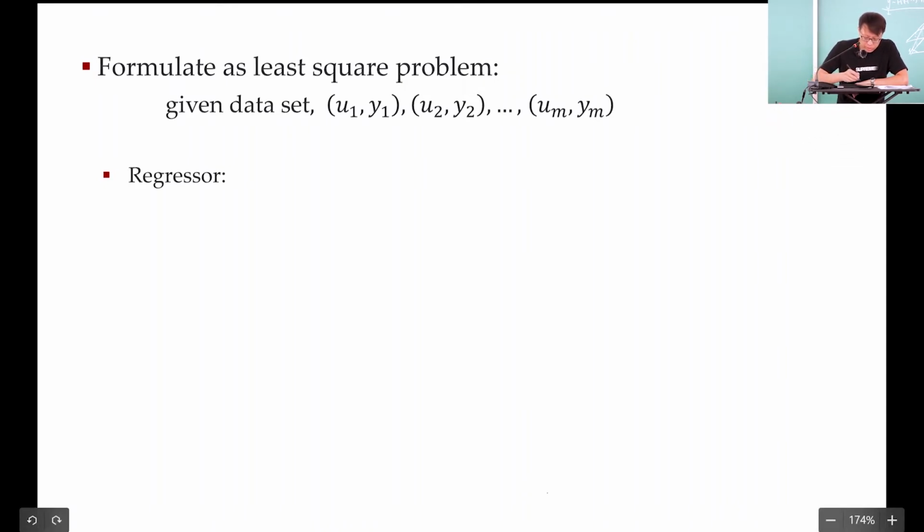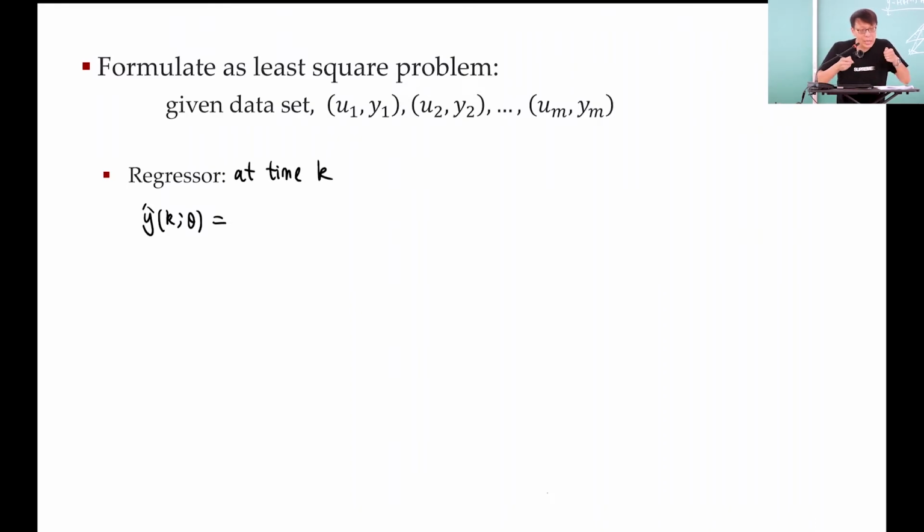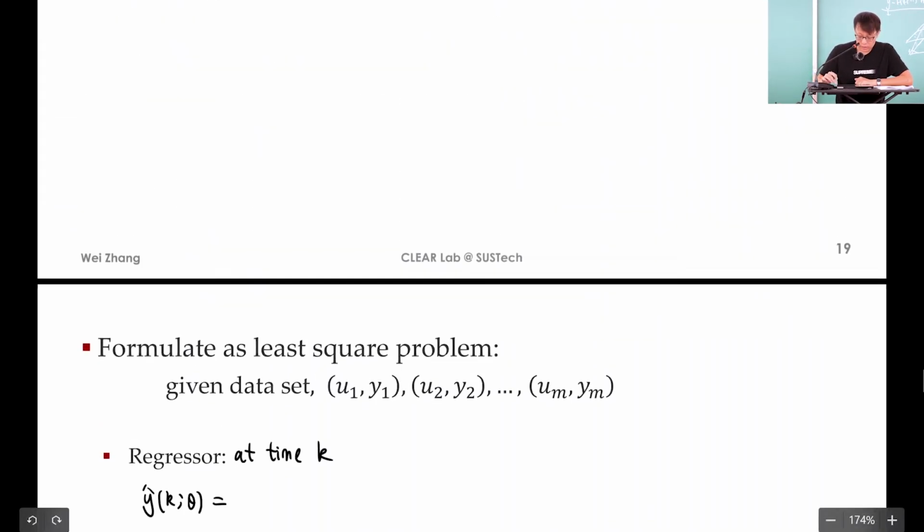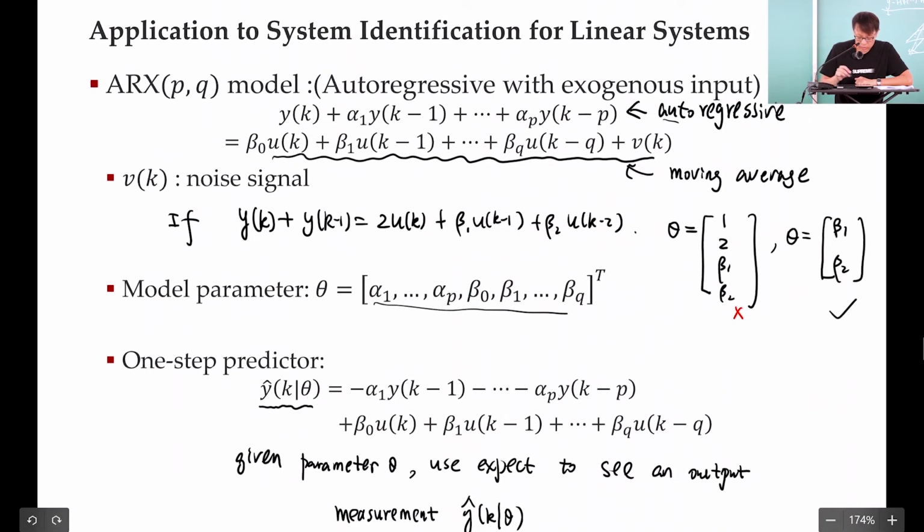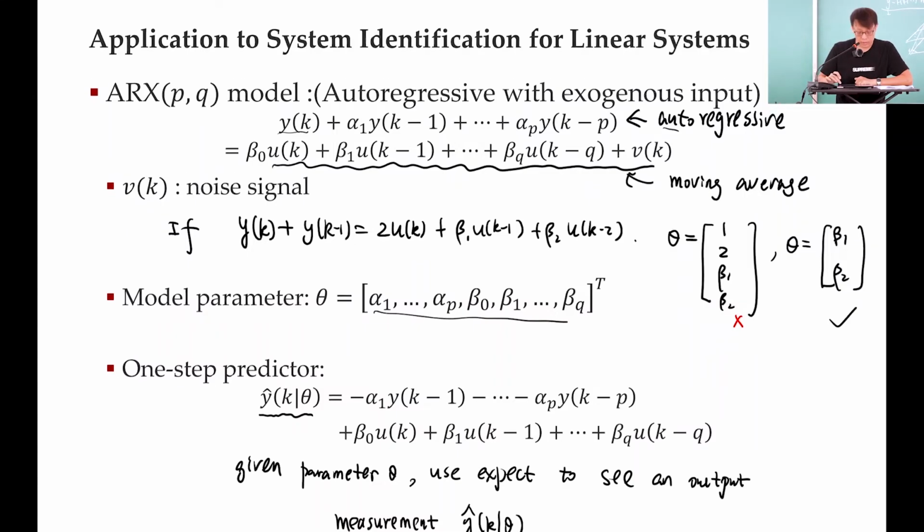So regressor, let's say at time k. Suppose I'm currently at time k. My predictor will say, I expect to see yk hat; if you give me a theta, I would expect to see this kind of yk hat. What is it? If you look at the model, yk should be minus alpha 1 times all of this plus the beta terms.